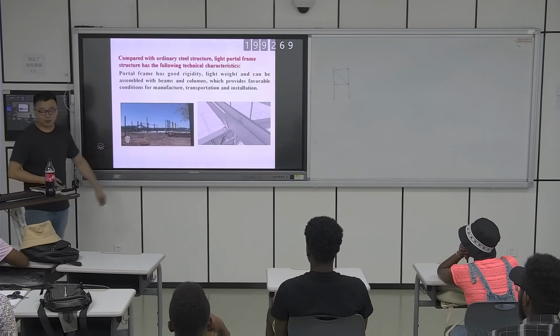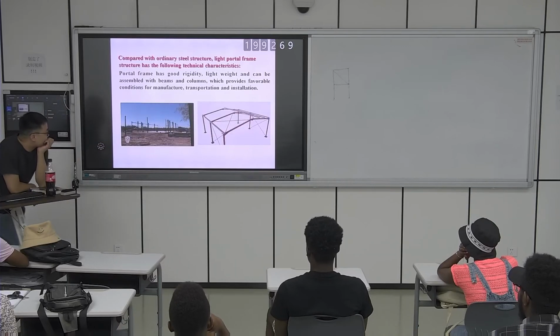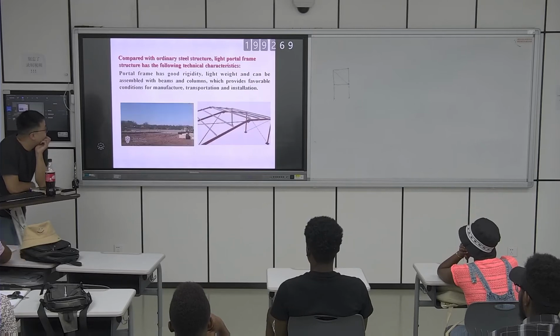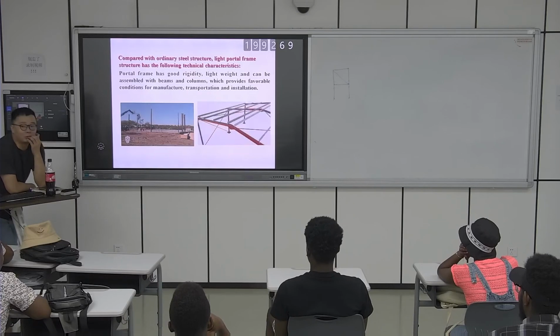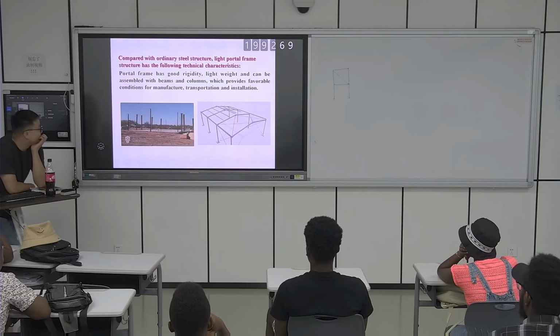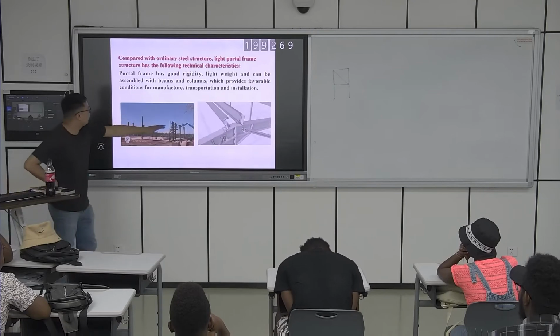This is a small construction, a light portal frame structure. Normally, if you want to open a factory, you can build it by yourself. Or a supermarket, because it has a large span.